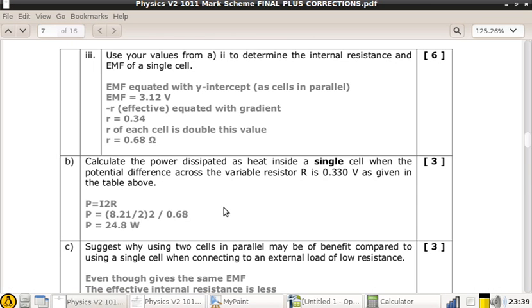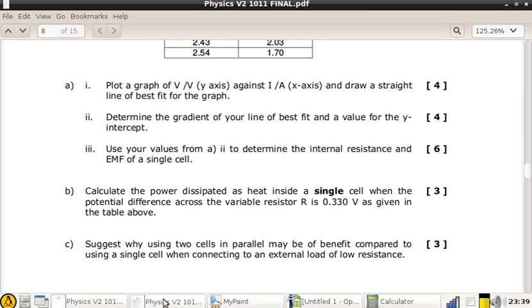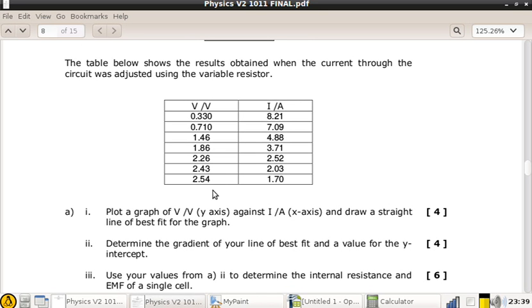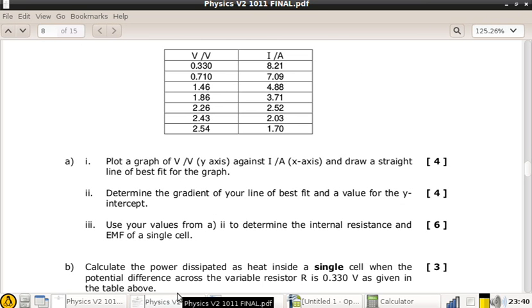Okay, so I think the problem with this question in class, there were basically 3 problems with it, I think. The first problem was here, that they asked for the right graph, but they calculated the values wrongly, because in Excel they had their V and the I the wrong way around. So that was one problem. Well, I think there was only two problems really. That was one problem.